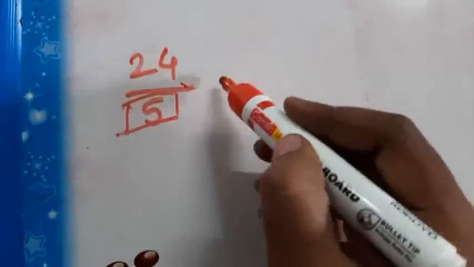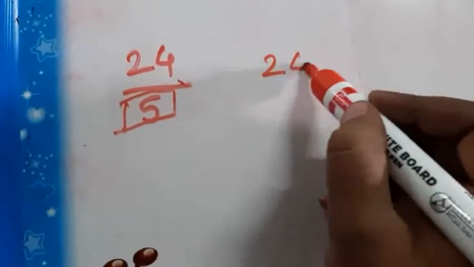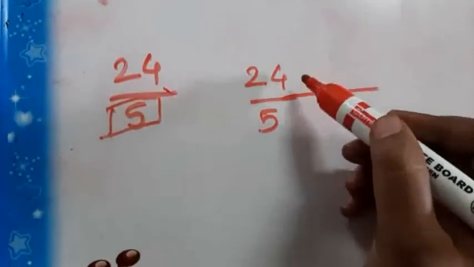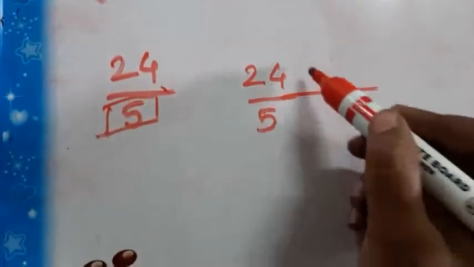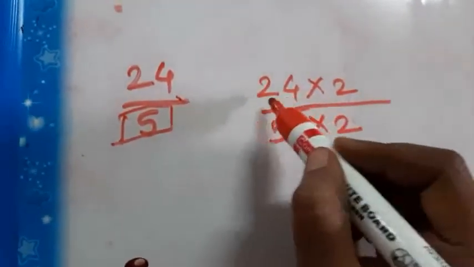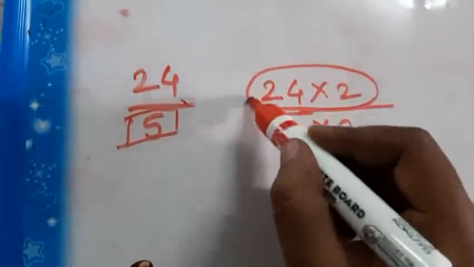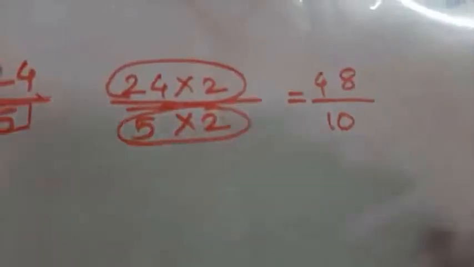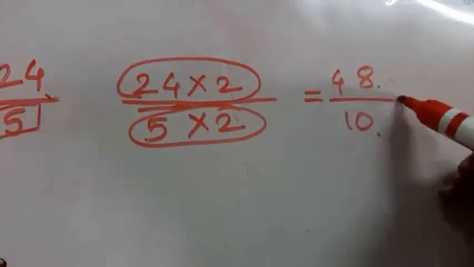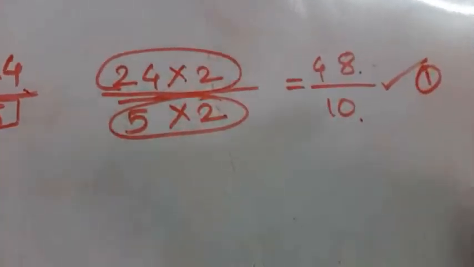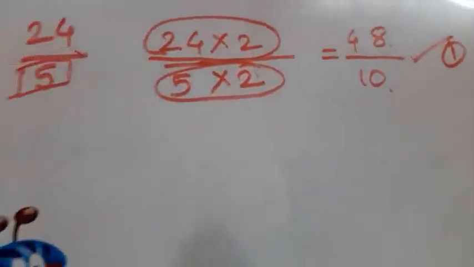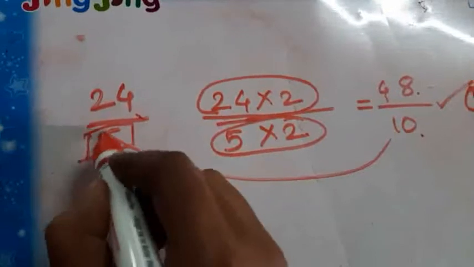So how to do that? See, I will do 24 divided by 5. Suppose to numerator and denominator I will multiply by 2. So 24 into 2 it will be 48 divided by 10. So this will be the first pair of integers or first division of integers which gives this form.